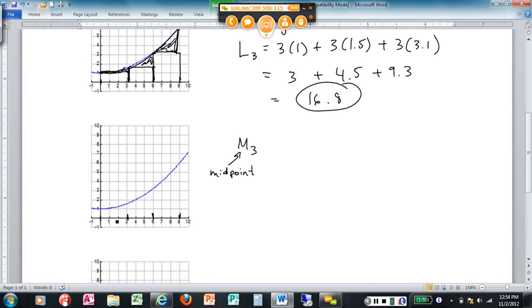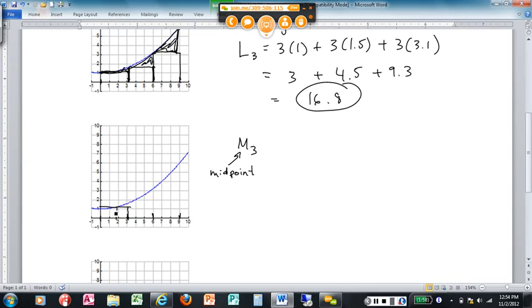Now, between 0 and 3, the midpoint would be where? 1.5, wouldn't it? So my height, you see, is like that, because I come at the height of my function there, and that's going to determine the height of my rectangle. Then I come over here at where would the next one be? Well, if you'll notice here, I did that one at 1.5, or tried to.